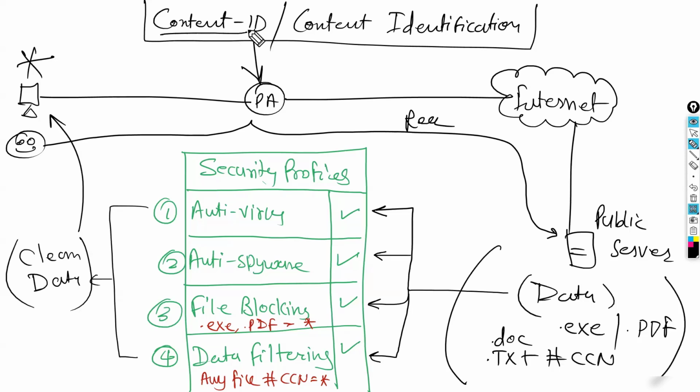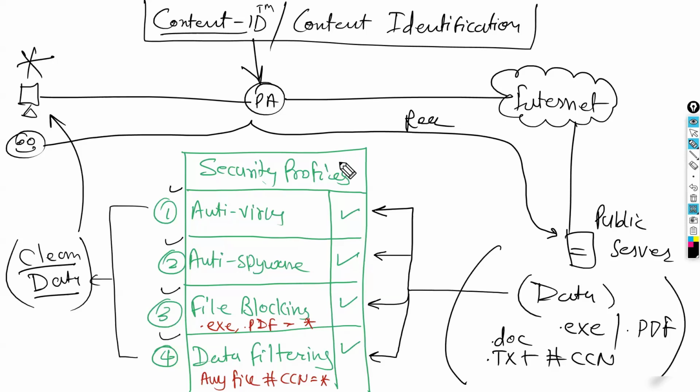Content ID is simple. When we enable antivirus, anti-spyware, file blocking, and data filtering profiles on Palo Alto Firewall so that we can clean our data from any kind of impurities, that combined word is called Content ID.